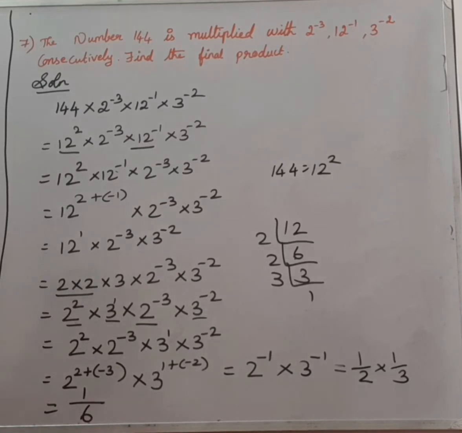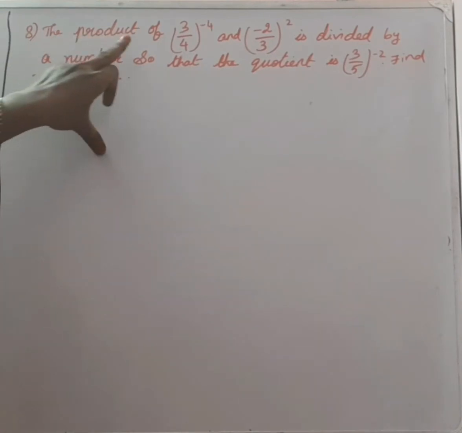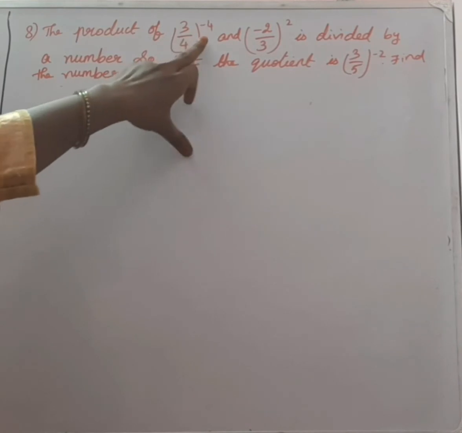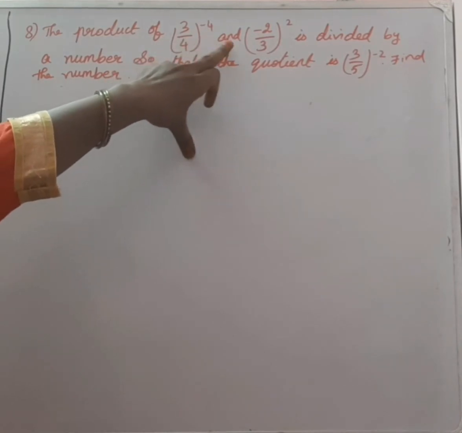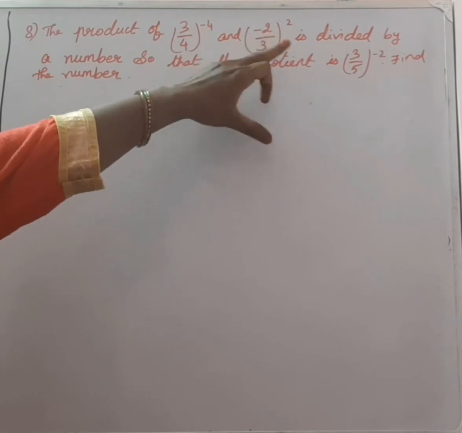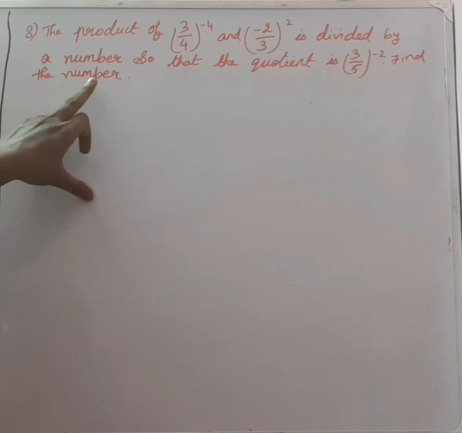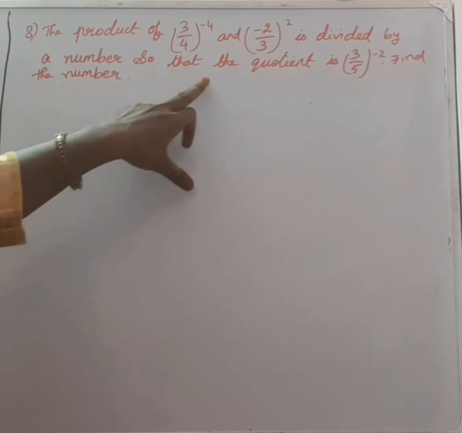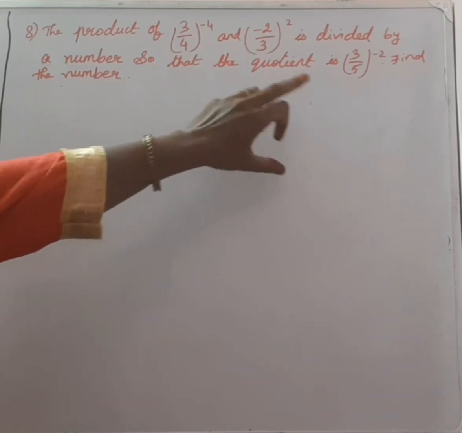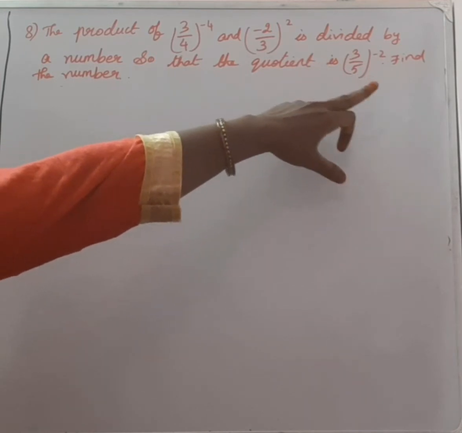So let us see the next sum. The product of 3 by 4 the whole power minus 4 and minus 2 by 3 the whole power 2 is divided by a number so that the quotient is 3 by 5 the whole power minus 2.